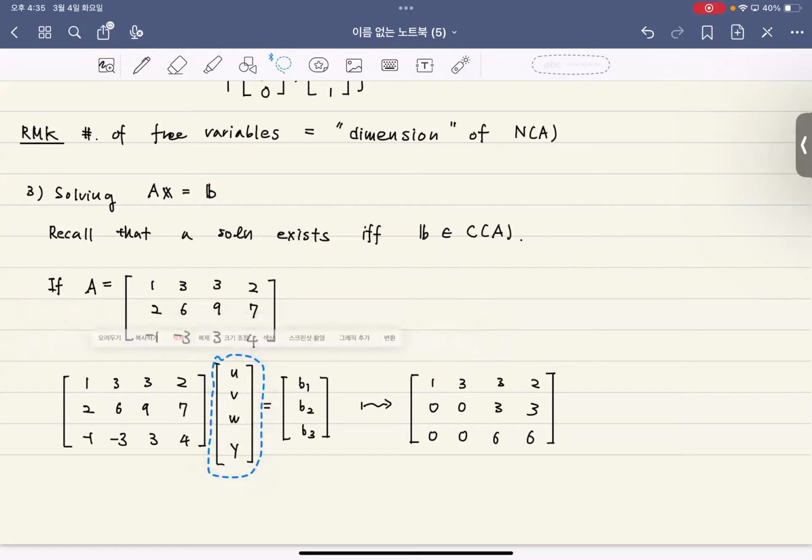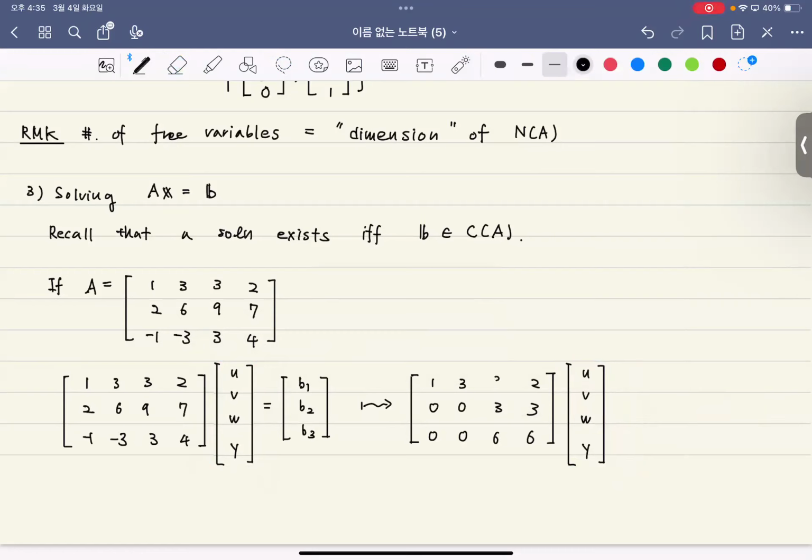This carries over. And for the right-hand side, b1 is b1, but b2 minus 2 times b1, since I have to multiply -2 to the first row and add it to the second. So this is why I have -2 b1 here. And by the same trick, b3 plus b1.